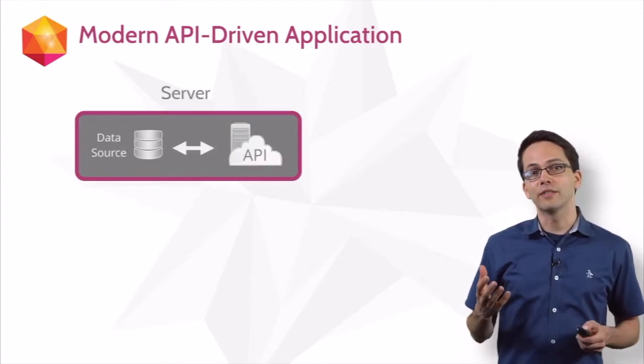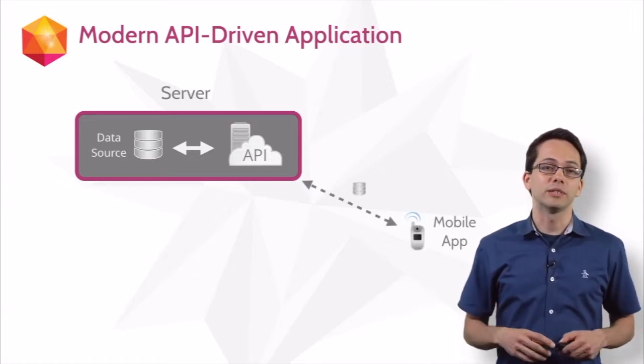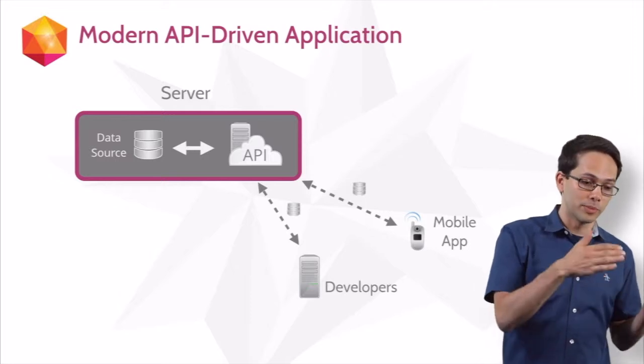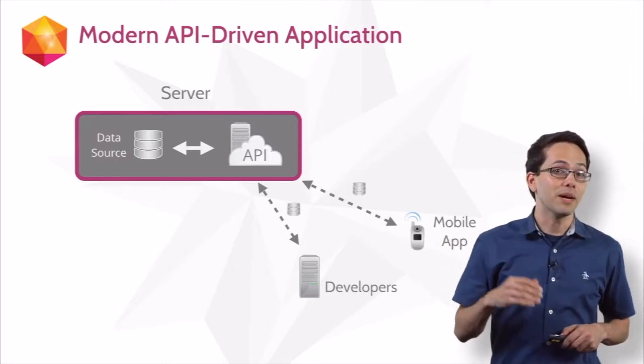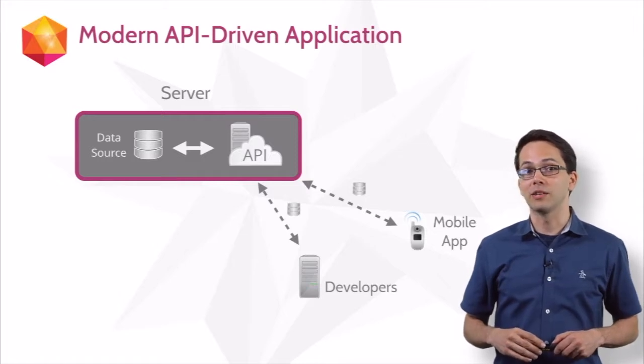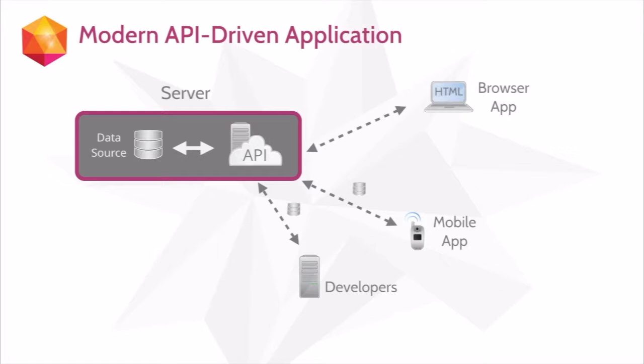They might do this to interface with a mobile application, say on iOS. They might also build an API so that other developers can build applications that communicate with their application. They might also build APIs to communicate with front-end applications, like the application we're building in this course using Angular.